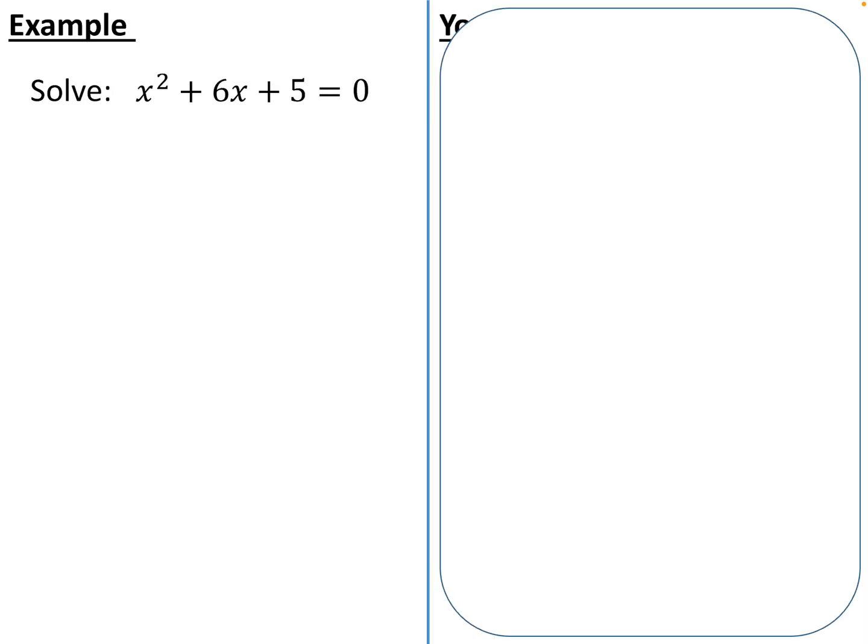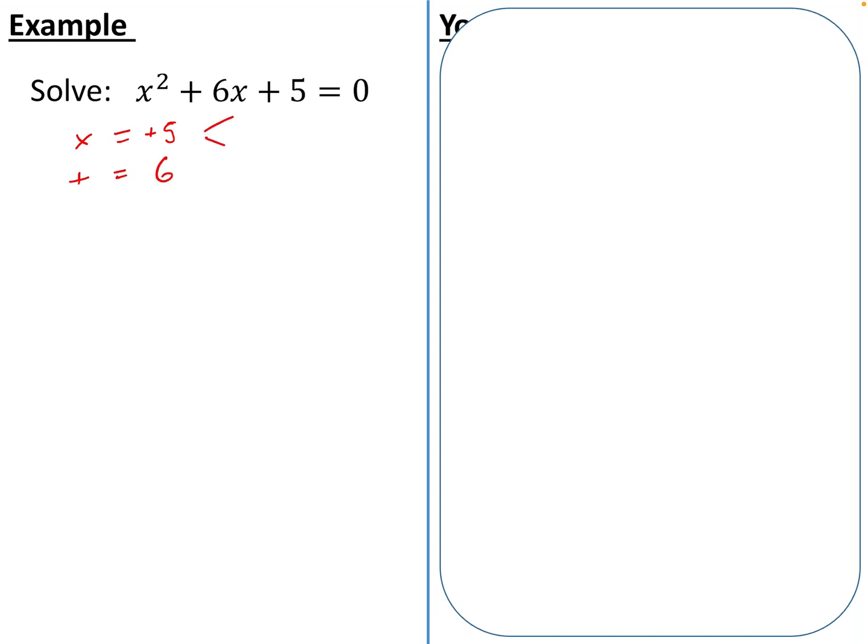Okay, so I've got that question again. I said if I can factorize this, if I can write this as a product of 2 numbers and set it equal to 0, that will help me solve this. So the first thing I want to do is factorize this quadratic equation. Well, we've done lots of this. I want 2 numbers that multiply to give me +5, and I want them to add together to give me 6.